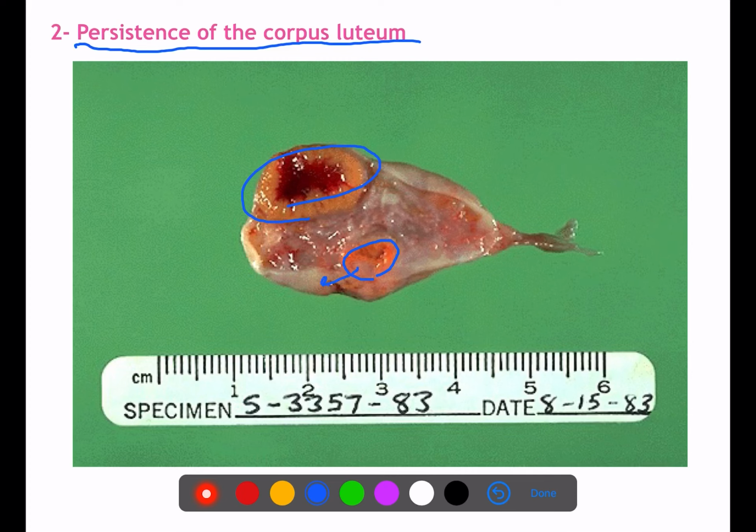In the case of persistence of corpus luteum, it persists and becomes functional with progesterone secretion, and it usually occurs in cows. In this case, pyometra may develop, and hyperplasia of the endometrial glands also occurs.